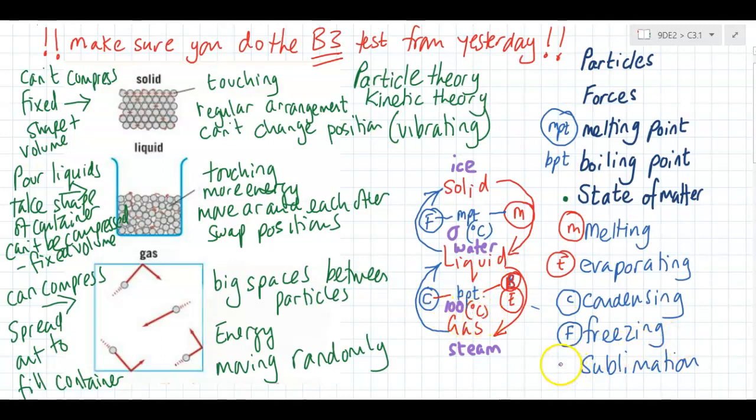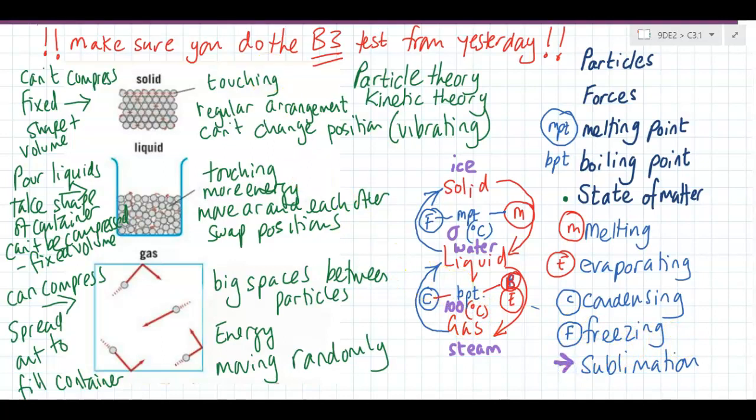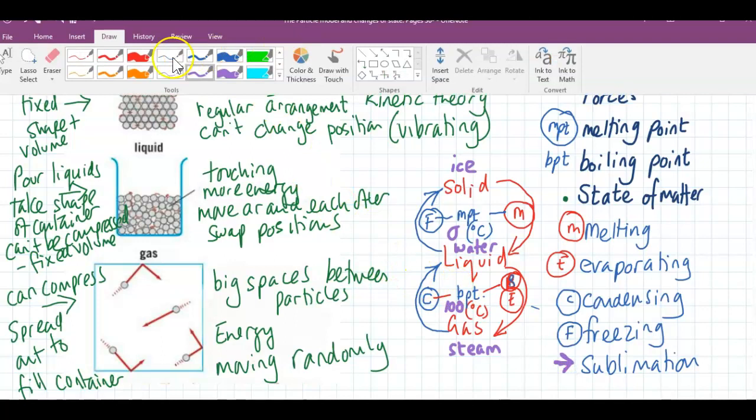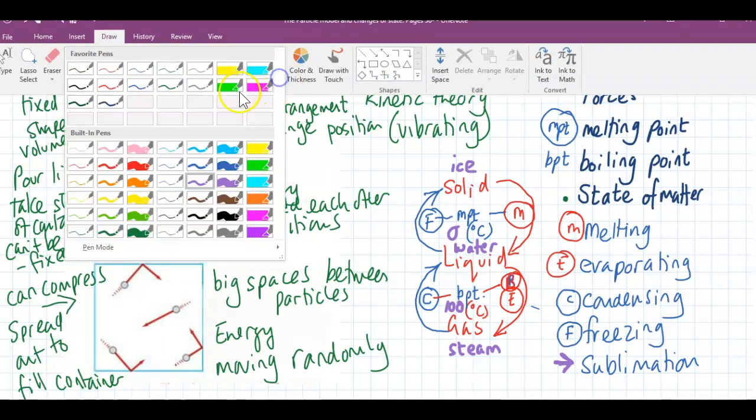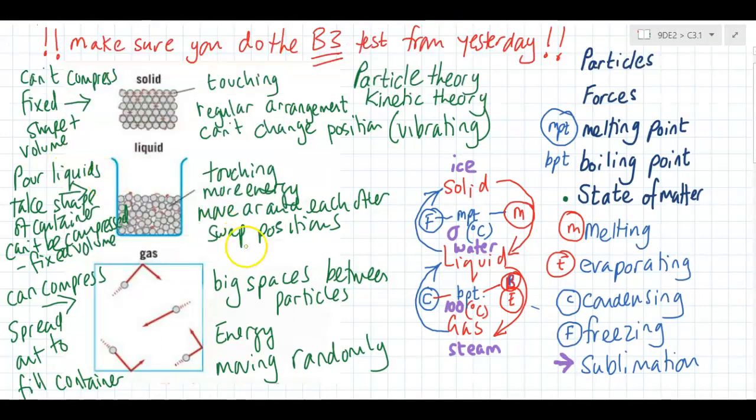Now this last word is used when there's a strange thing that happens to some materials, for example carbon dioxide. Solid carbon dioxide, when you heat it up, can change directly into a gas.